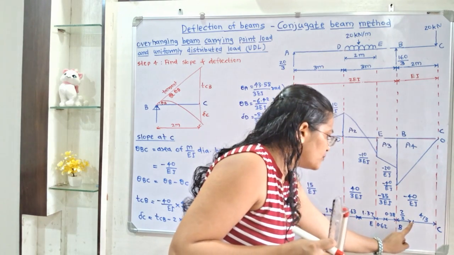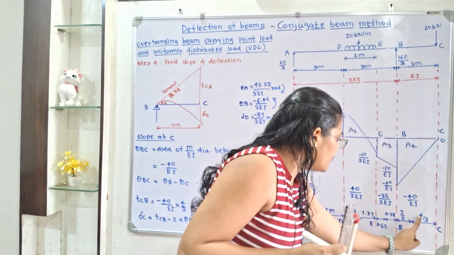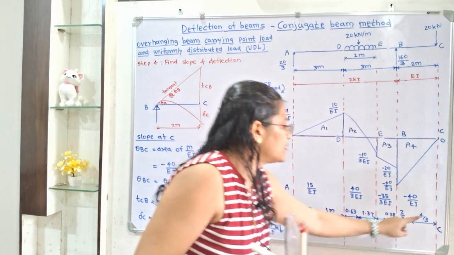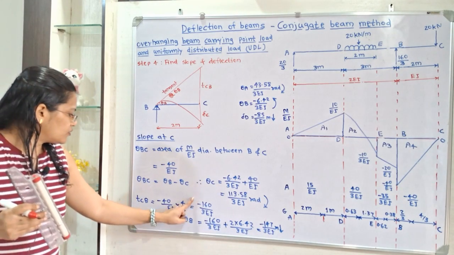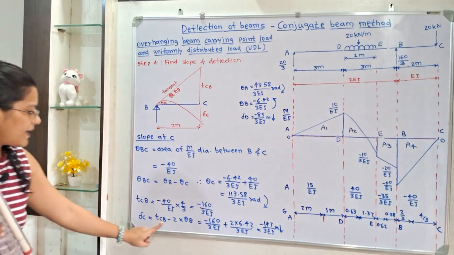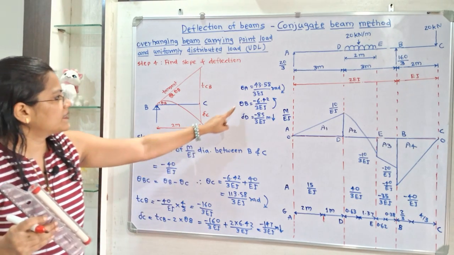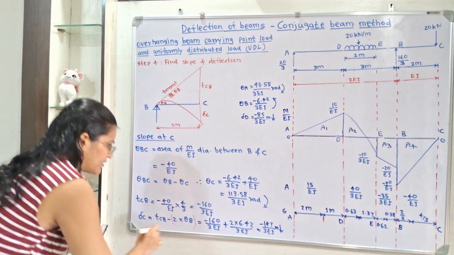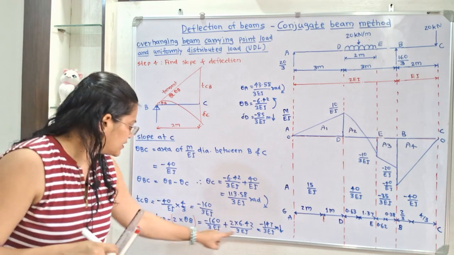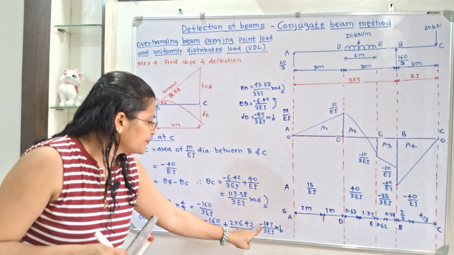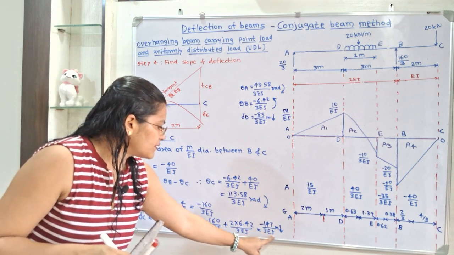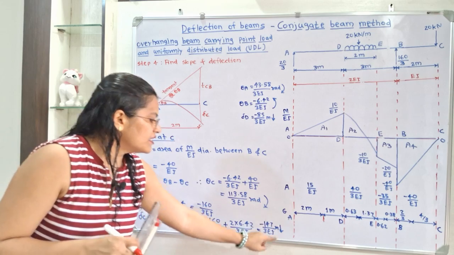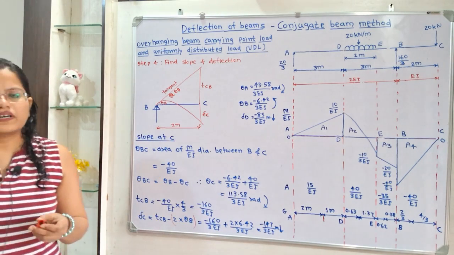So this is the location of centroid, and from point C 4 by 3. So we will take minus 40 by EI multiplied by 4 by 3. So this is TCB minus 2 into theta B. So theta B is this. So we have to take this inside the bracket. So when we calculate this, we will get the delta C minus 147 by 3 EI, unit is meter, and because of the negative sign, deflection is in the downward direction.